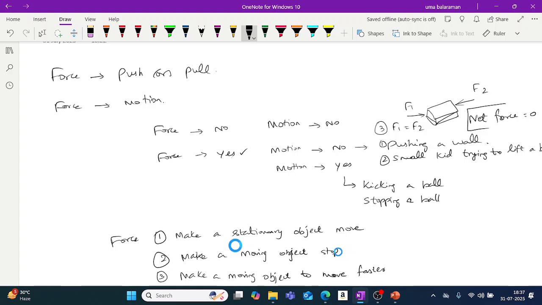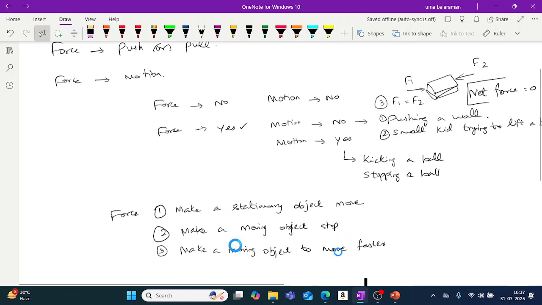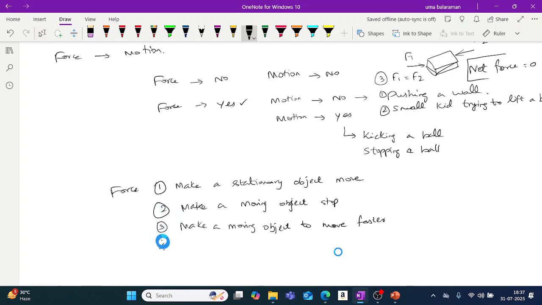Number four, make a moving object move slower. How do you do that? By applying opposite force. Opposite force in opposite direction, you are slowing it down. Do you agree, ma'am? All four points? Any objection?